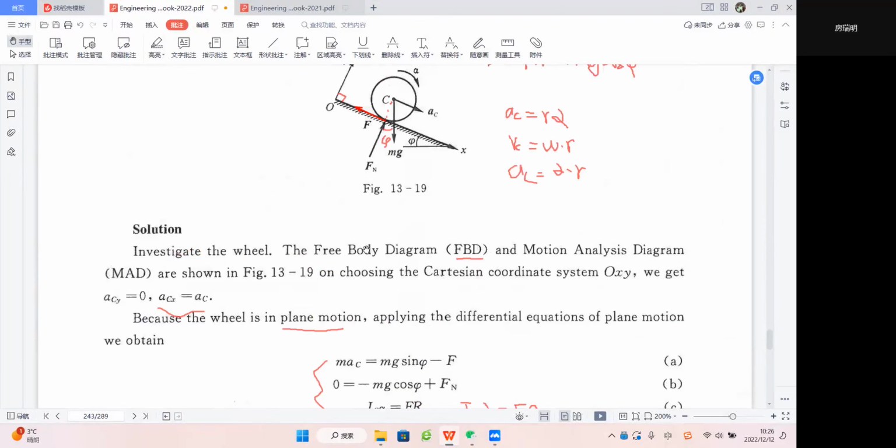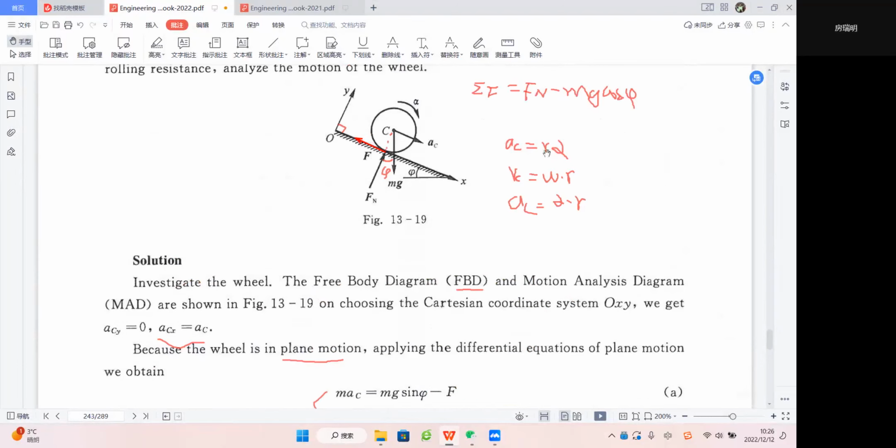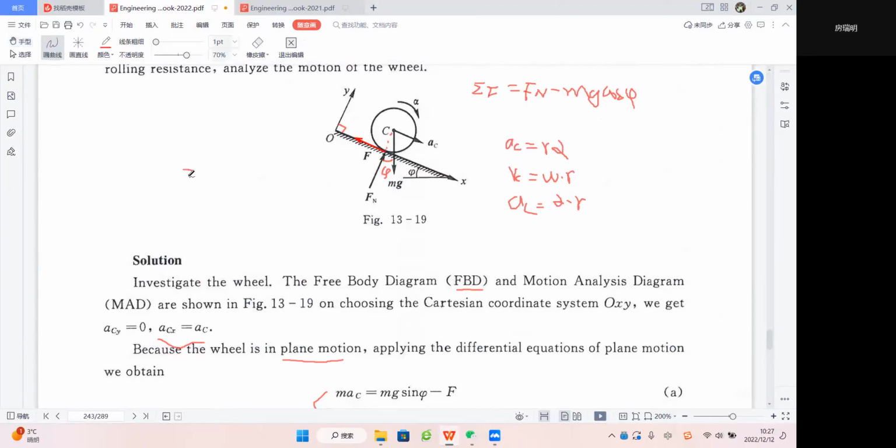So this time, AC equals R alpha will not be true, because this contact point is no longer the instantaneous velocity center. So this time we'll write F equal to F prime times Fn, right?